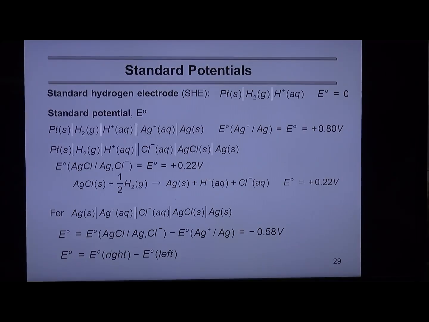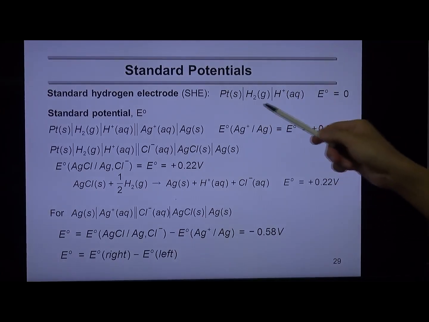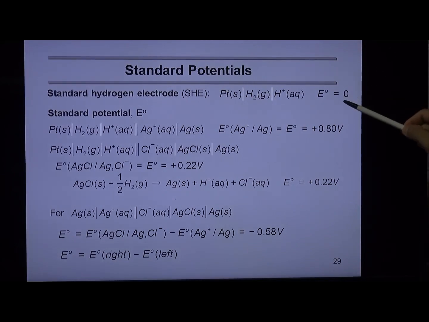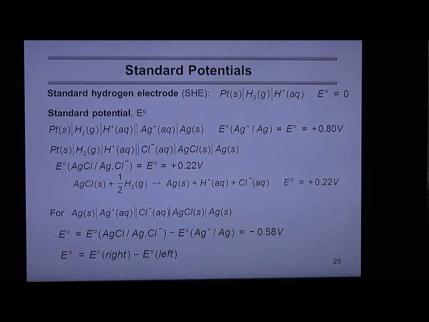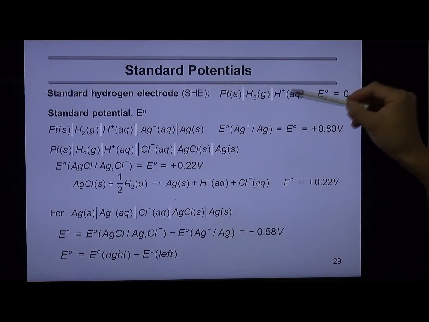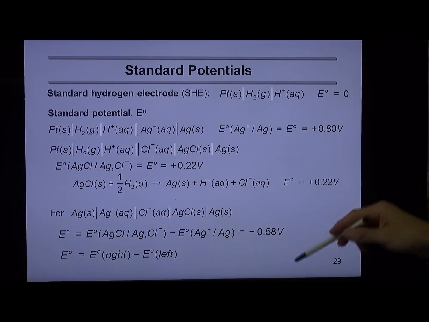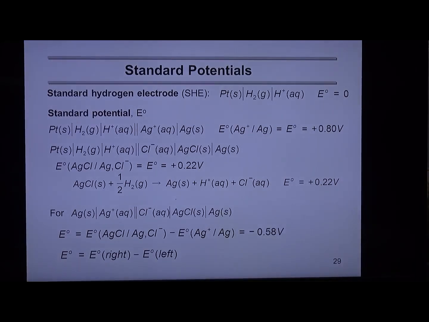There are many different kinds of references, and usually we use the standard hydrogen electrode, which is like this. The details are not important. We just use the standard hydrogen electrode as 0 volt. And for other types of electrode, we simply connect this electrode and another electrode, and you measure the voltage, and you can easily determine the standard electrode potential of a certain electrode. Okay?